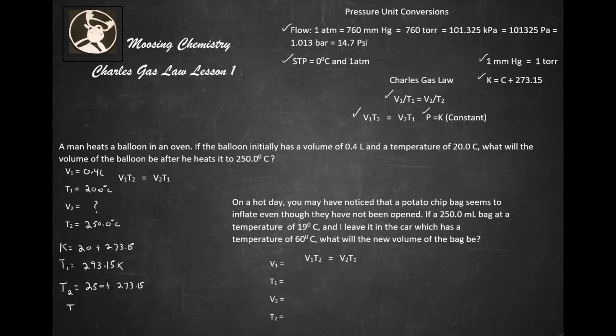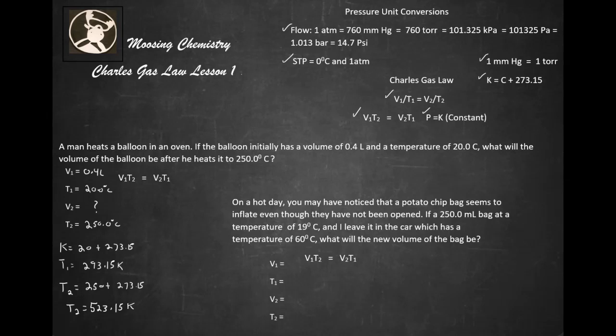So our new T2 temperature is, let's get a calculator here, 250 plus 273.15, which equals 523.15 K. Okay, now we're ready to solve.